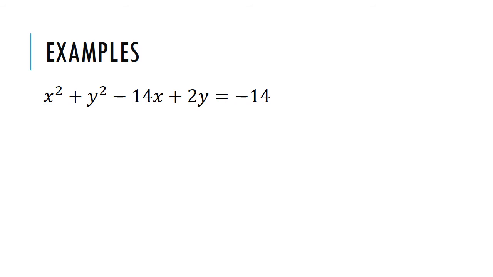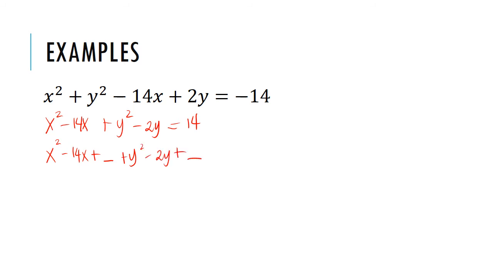Pagsamasamahin natin ang mga pare-parehas ang variables, x squared minus 14x plus y squared plus 2y equals negative 14. Complete the square ng x and y variables. Mag-add tayo ng certain constant for x and then also for y. At kung ano yung in-add natin sa left, yun din ang i-add natin sa right.